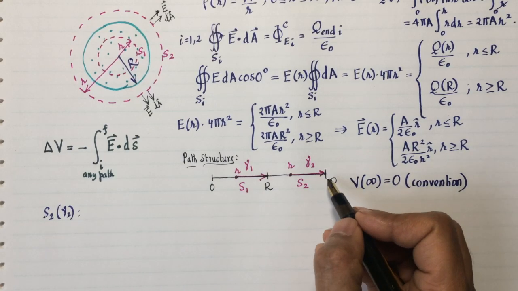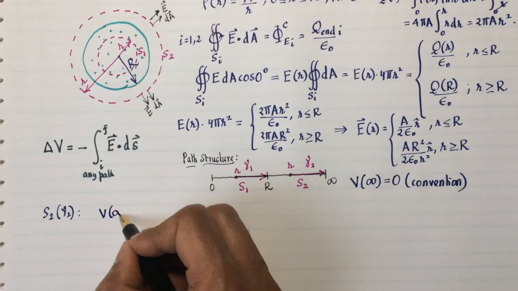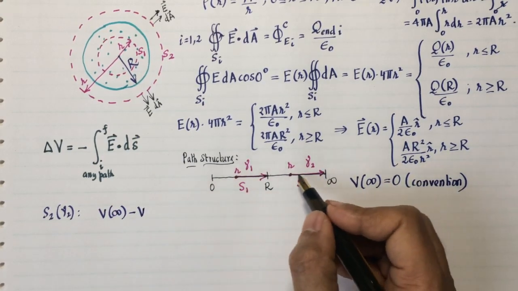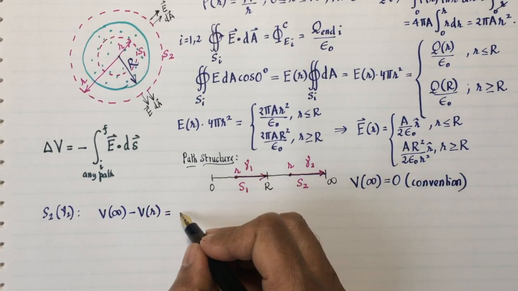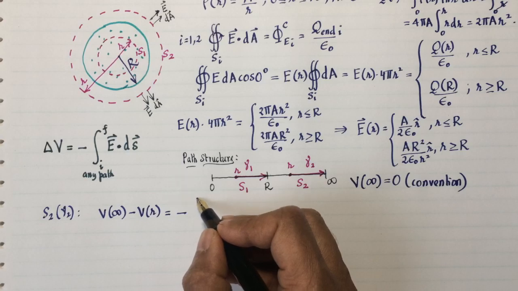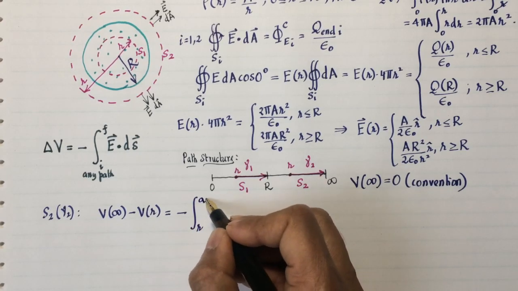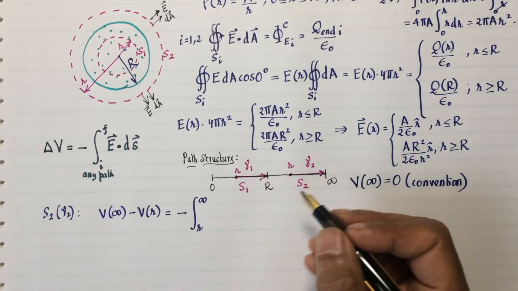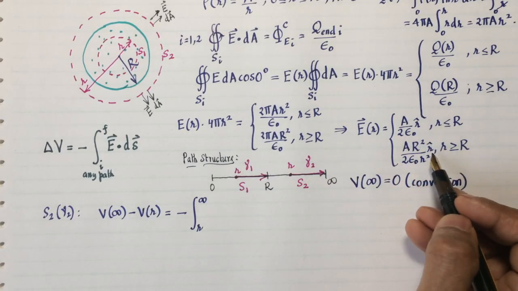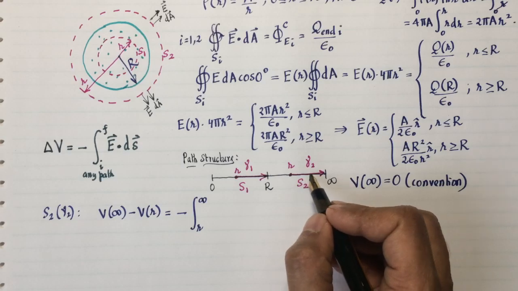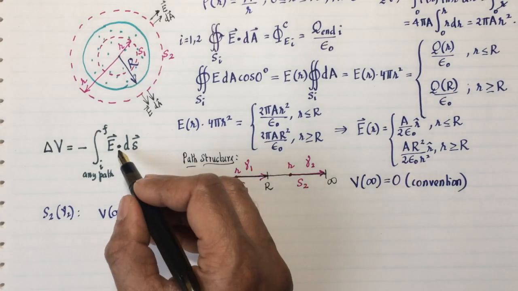The change in potential is V at infinity minus V at this r value, whatever it is. And that's going to be minus the integral from r to infinity of E dot ds. The electric field is pointing outward because it's in the r hat direction, and dr is also pointing outwards, so the angle between them is 0 degrees.